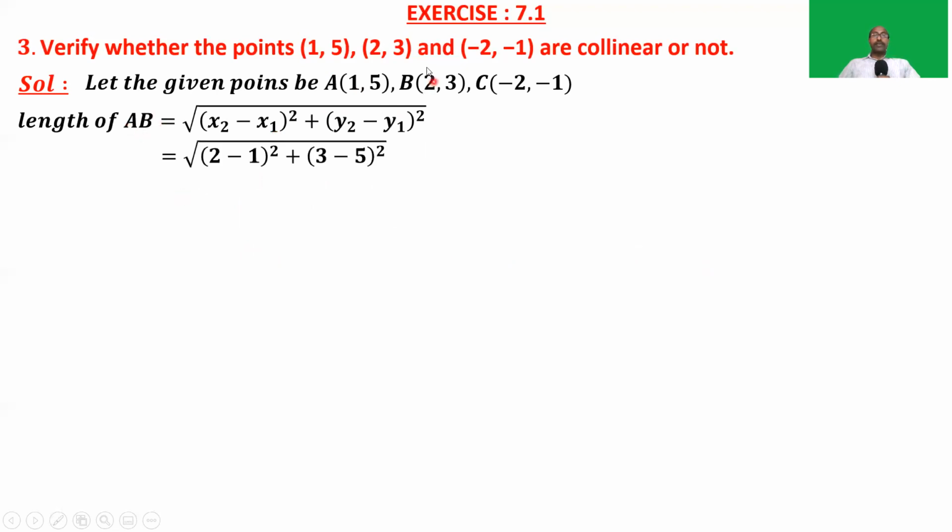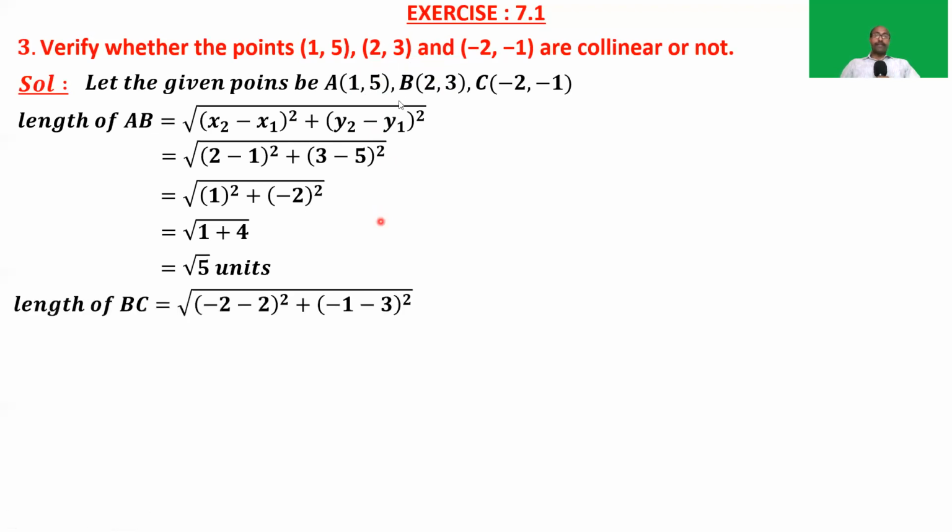Then (x2 minus x1), that is (2 minus 1) whole square plus (y2 minus y1) whole square is (3 minus 5) whole square. So simplifying this one, we get root 5 units. And now find the length of BC. Length of BC is under root (-2 minus 2) whole square plus (-1 minus 3) whole square.